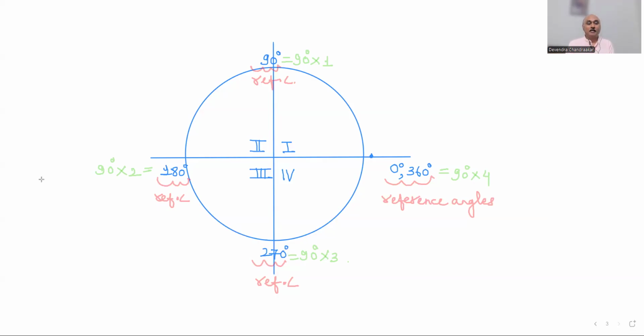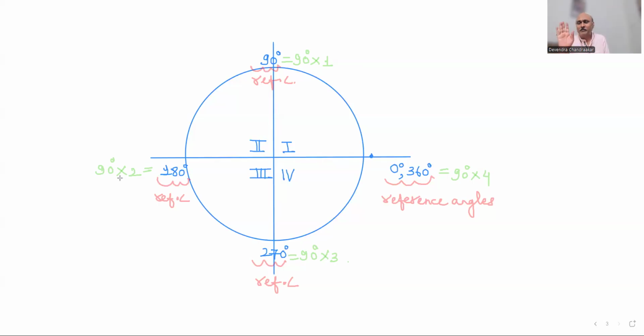Very good. Now, as there are reference angles, there are some standard angles also. Now, why are we calling them standard angles? Because they are the most frequently occurring angles in trigonometry, which we will learn till 10th standard. ठीक है? 10th standard तक ये बहुत frequently occurring angles होंगे.